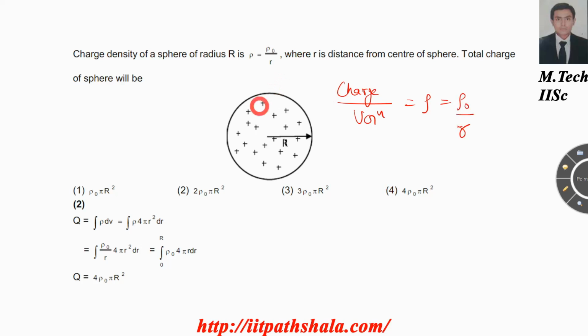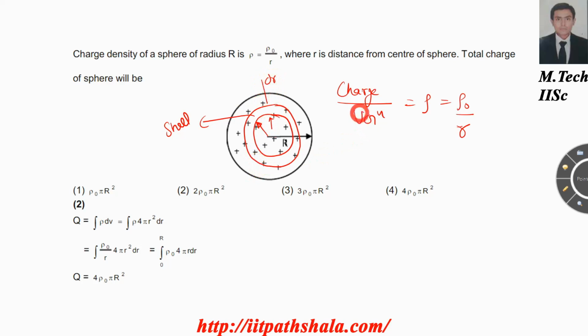Now you have to figure out the charge of this whole sphere. So what you can do is take a small chunk of the volume, which is nothing but a small shell of small thickness, let us say dr.